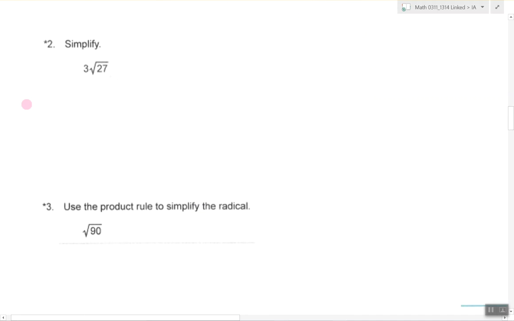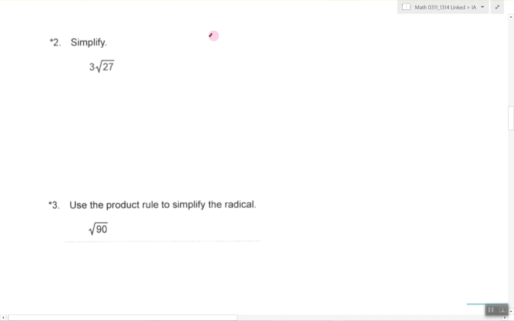Let's look at number 2. It says to simplify 3 times the square root of 27. Now this 3 is just kind of a tag-along factor. You can sort of ignore it. I'm going to break the square root of 27 into 2 factors, and one of them has to be a perfect square. The largest perfect square that will go into 27 is 9, and it is 9 times 3.